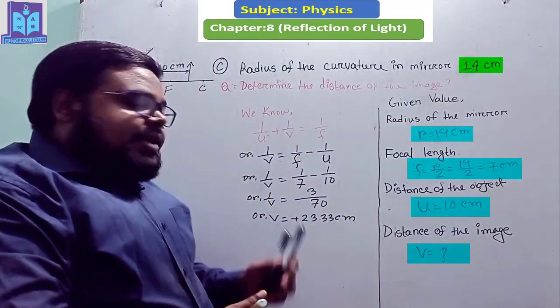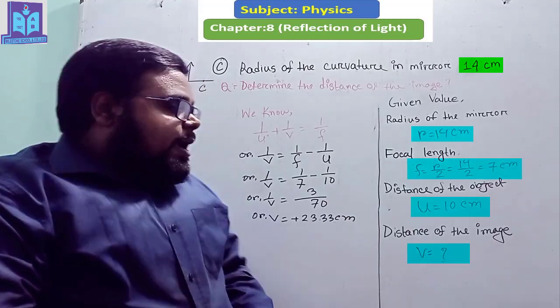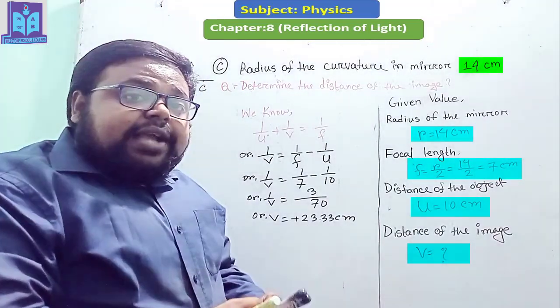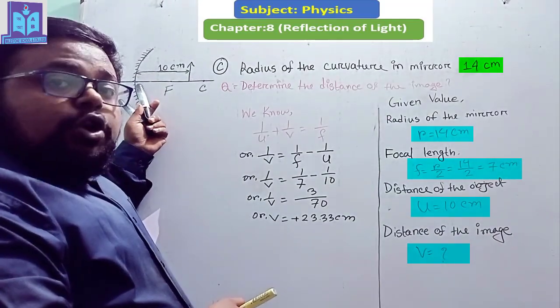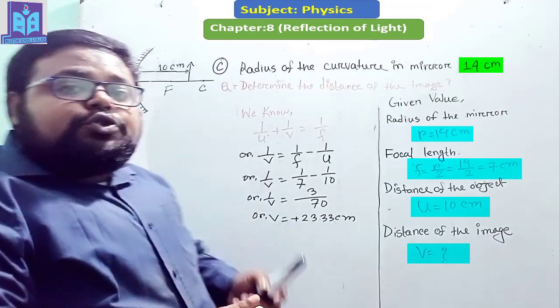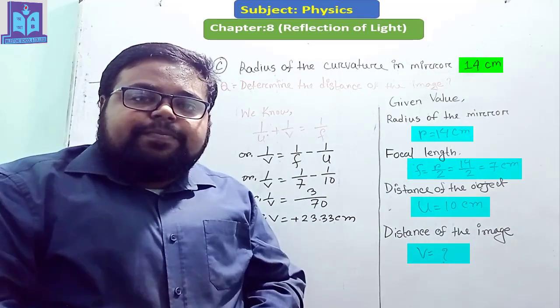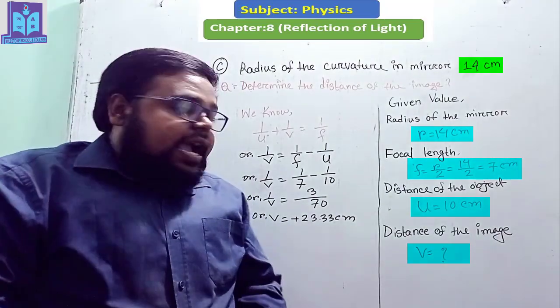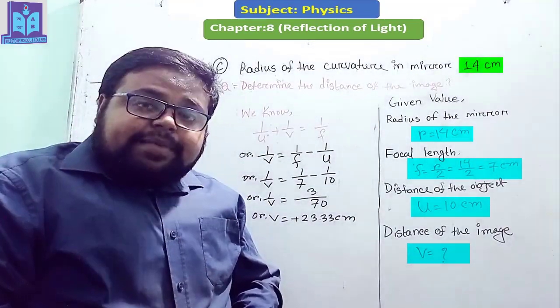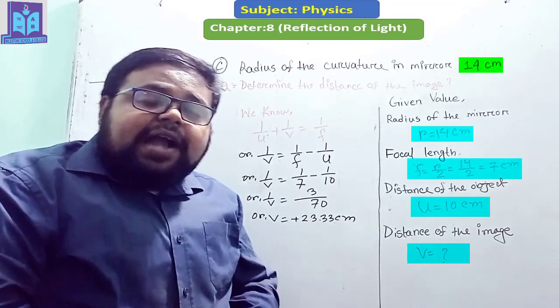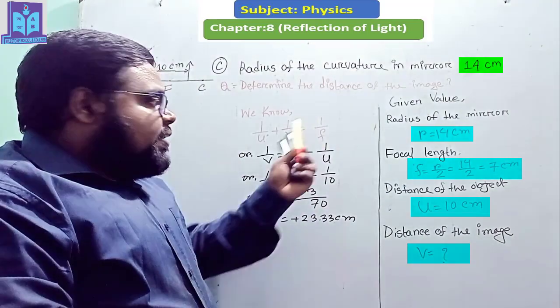That's why the answer is positive. And the image will form 23.33 centimeter from the pole of the mirror, in front of the mirror. I hope you understand what the distance of the image is and how we can find this value by using this formula.